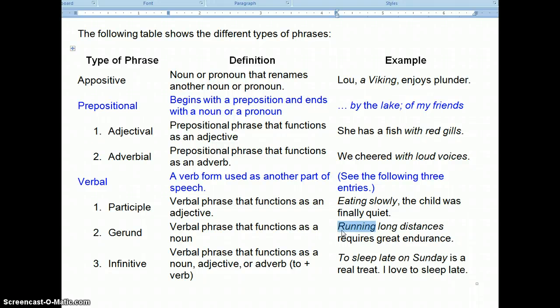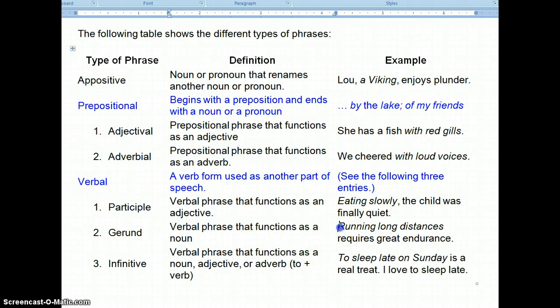What usually comes at the beginning of the sentence? The subject. So actually in this sentence, running long distances is the subject of this sentence. Requires is the verb in the sentence. So what requires great endurance? Running long distance requires great endurance.